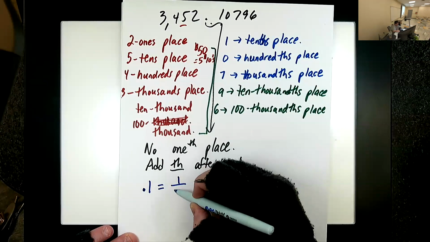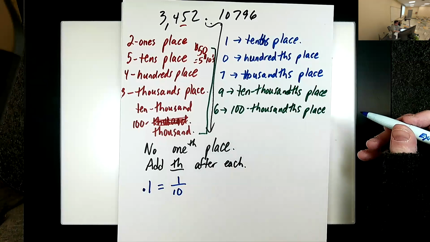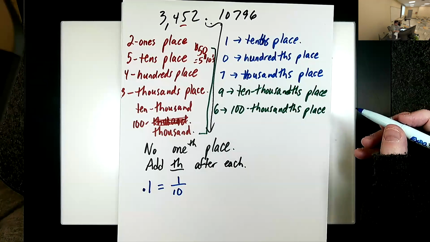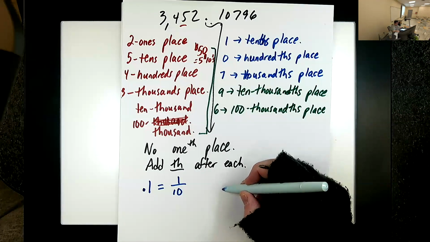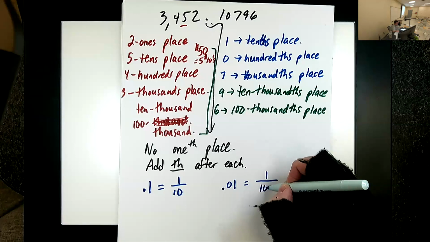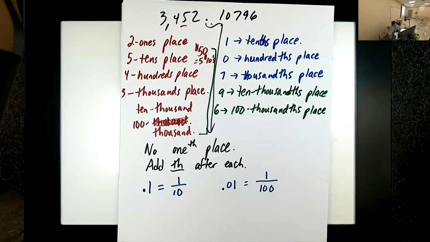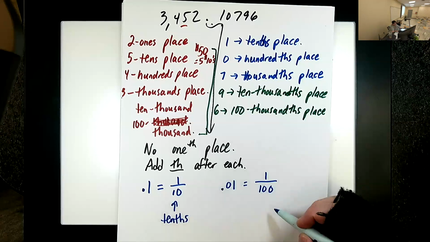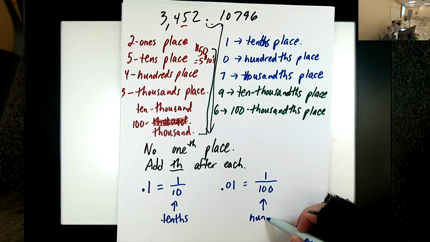This is 1 over 10. .01 is 1 over 100. So that's why we call that tenths. That's why we call that hundredths.